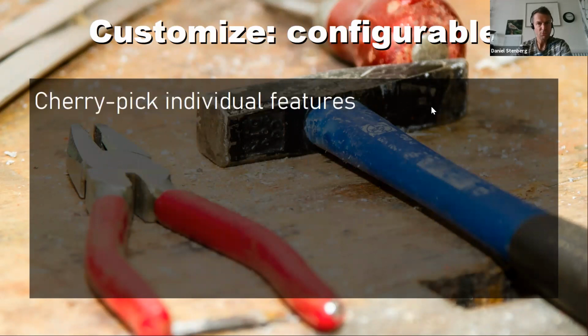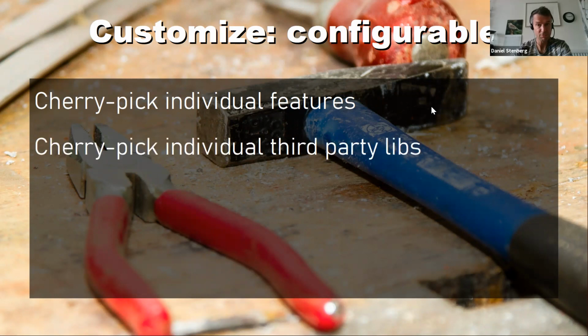And you really can cherry pick individual features when you build cURL. There are, I think, over 50 different ways you can switch on and off different features and protocols when you build cURL in a standard way. And you can cherry pick exactly which third-party libraries you want to use or not use for your internet transfer needs.